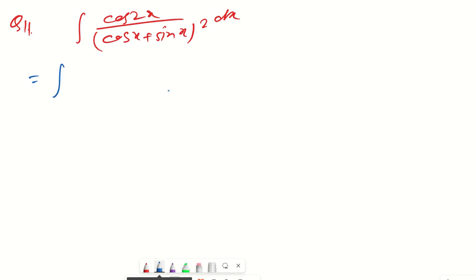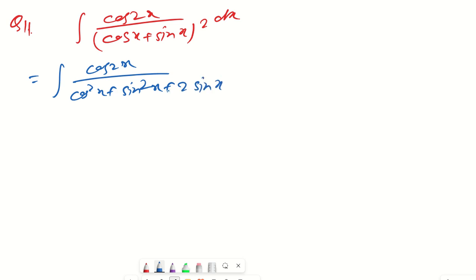We have cos x plus sin x whole square, so we can expand that using the formula (a plus b) whole square. So I can write cos 2x divided by cos square x plus sin square x plus 2 times sin x into cos x.